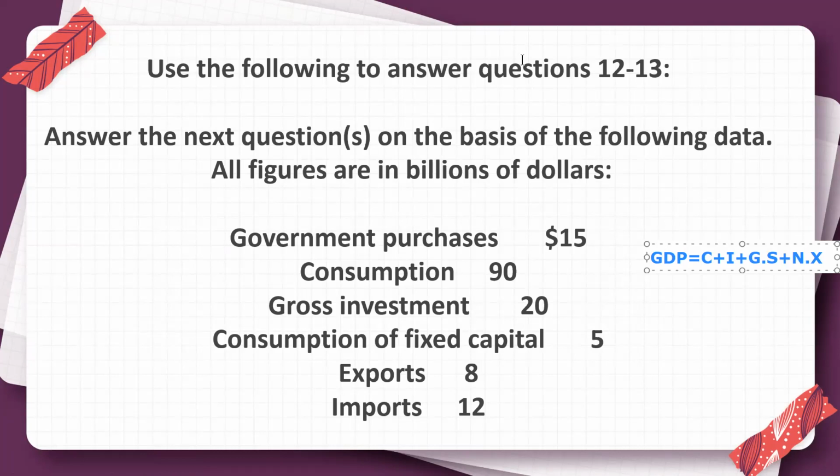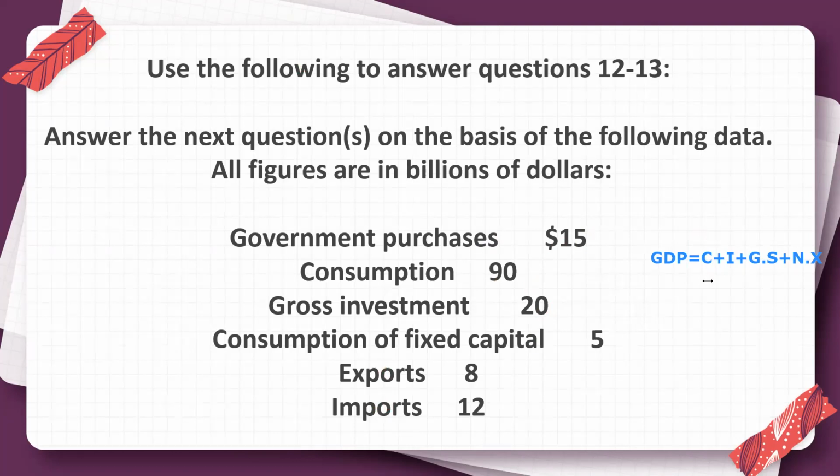So, to obtain the components of GDP: GDP equals C, consumption, that is 90, and investment, that is 20. We had government purchase, 15, and net exports, which is exports minus imports.